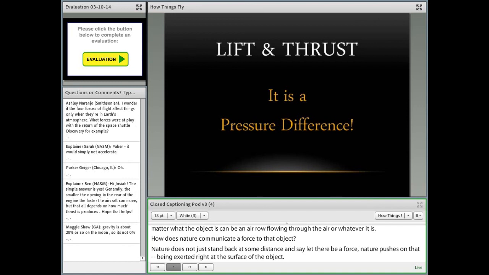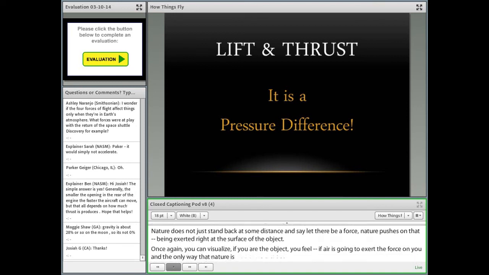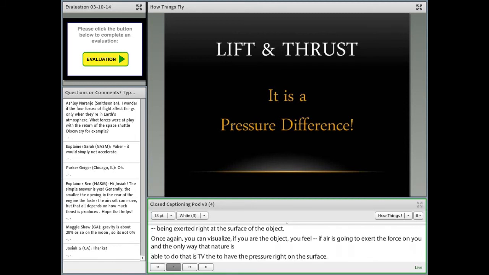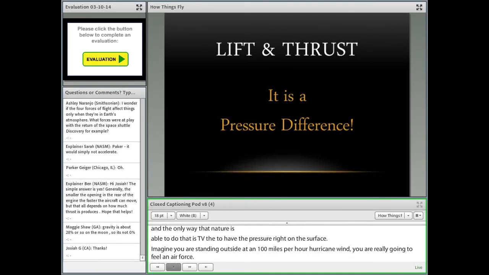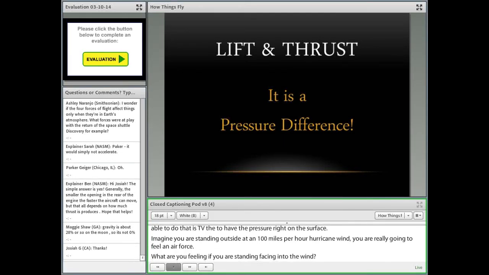Imagine that you're standing outside in a 100-mile-an-hour hurricane wind. Now you're going to really feel an air force. And what are you feeling? If you're standing facing into the wind, you're feeling a high pressure on the front of you. And behind you, the pressure is a little bit lower, so the net effect is a force that's going to topple you over.